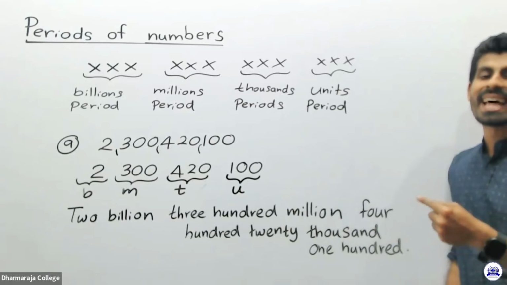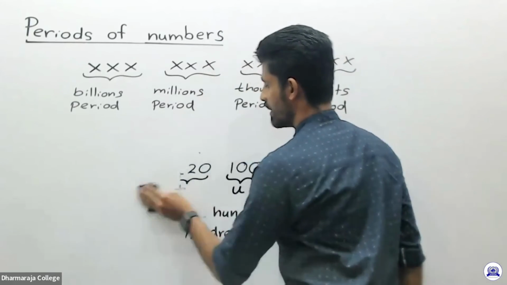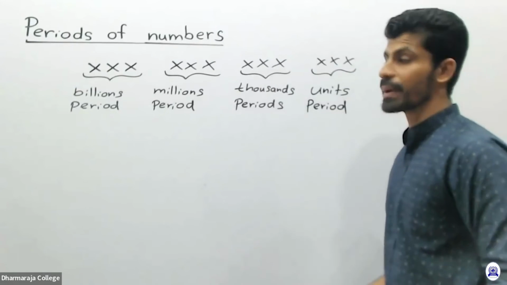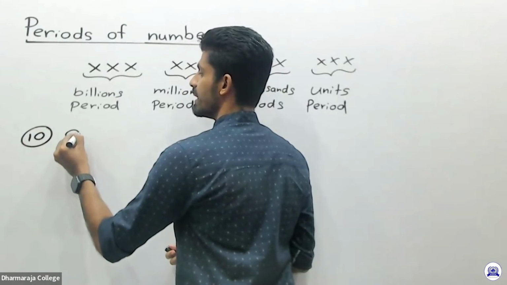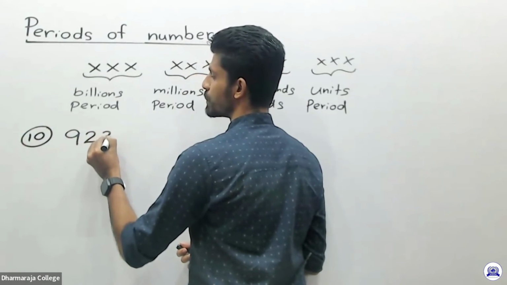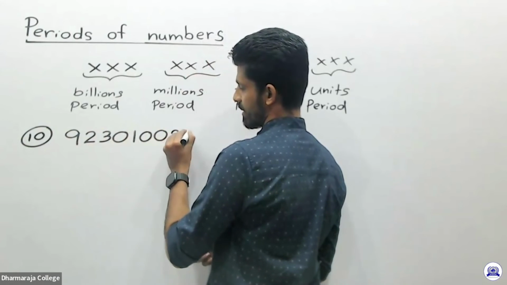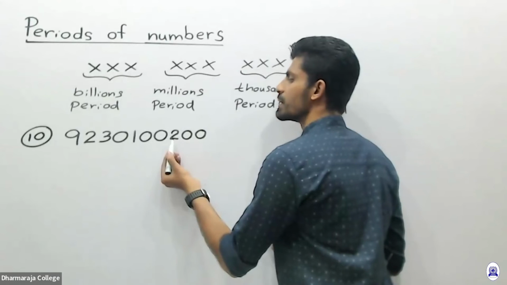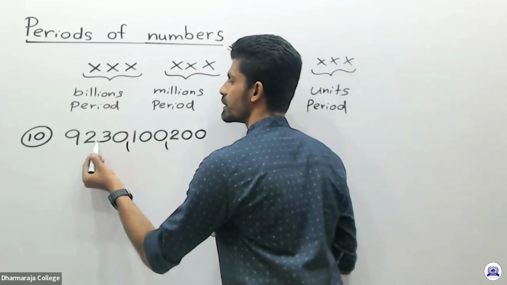Question number 10, last question. 9 billion, 230, 100, 200. 1, 2, 3, comma.